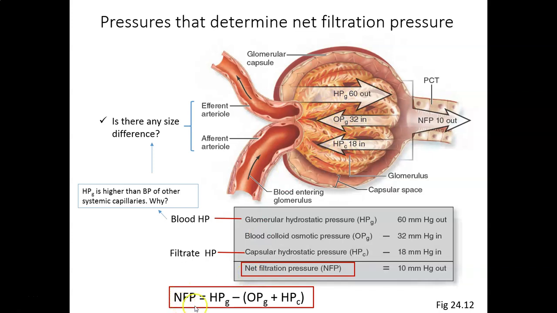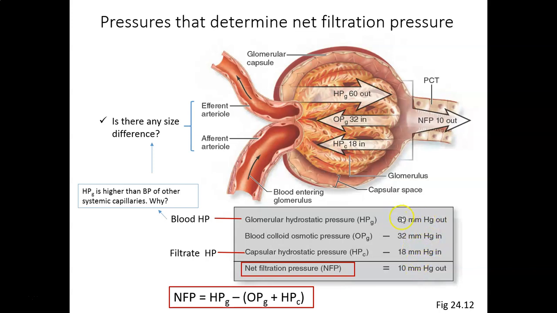So exactly this is what happens. How do you calculate NFP? From the HPG you subtract those two opposing pressures together, right? So then you end up with the net filtration pressure. And usually you should be familiar with the range, right?